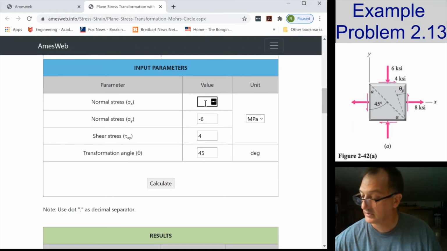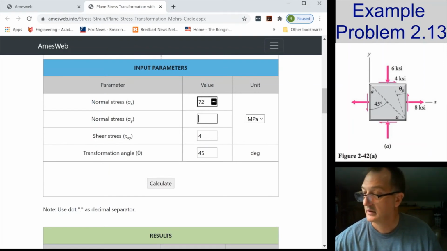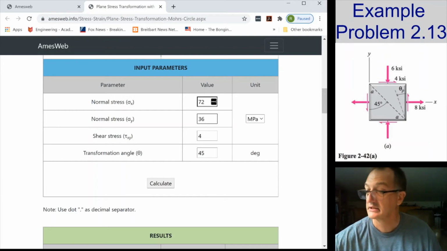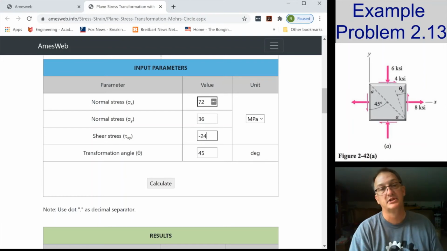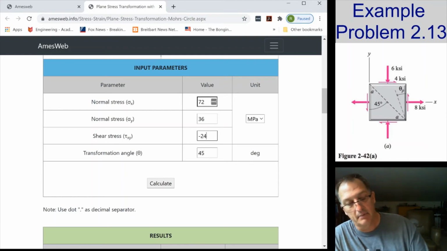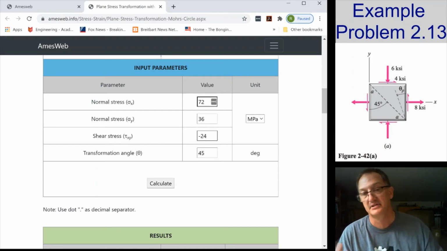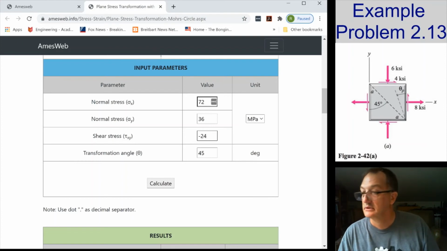So the normal stress was 72, the normal stress in the Y is 36, minus 24. Did you notice I didn't put units on my problem? It could be MPa or ksi or psi. They're units of stress. The software wants you to pick something.